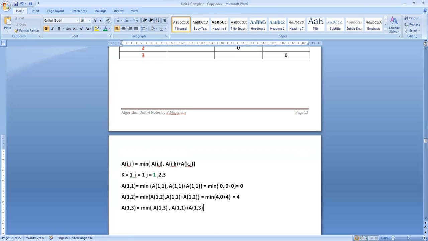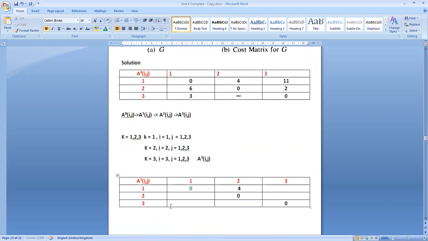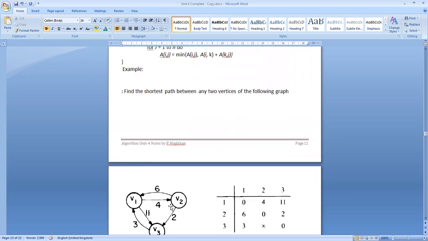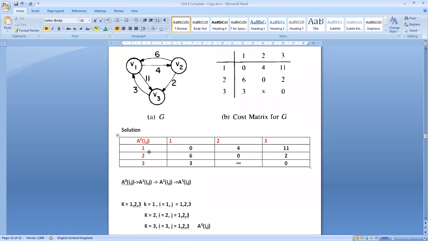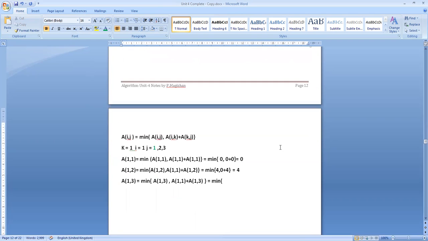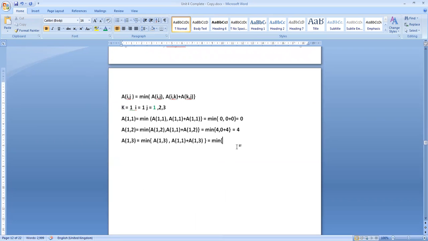You supply the values: minimum of a0 of 1 comma 3, which is 11, comma a of 1 comma 1, which is 0, plus a of 1 comma 3, again 11 only.